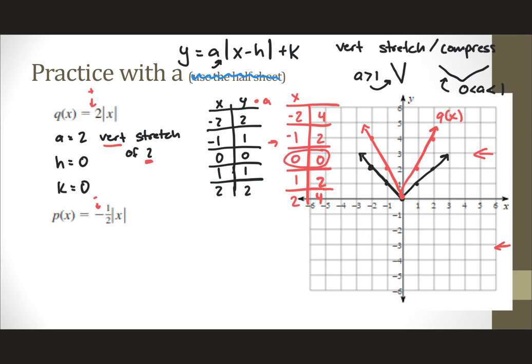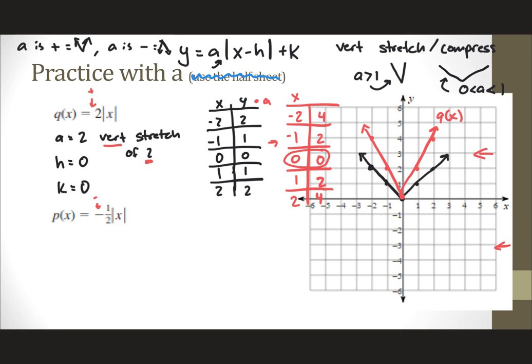Okay, so let me write that out. If A is positive, the graph goes up. If A is negative, then the graph goes down. My V flips upside down and it is pointing down.